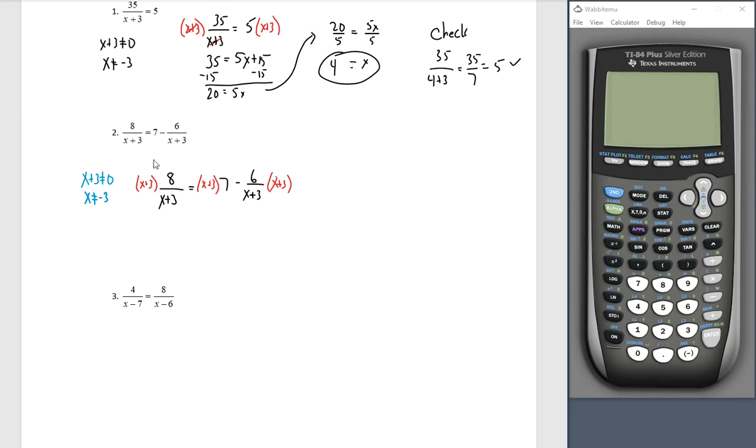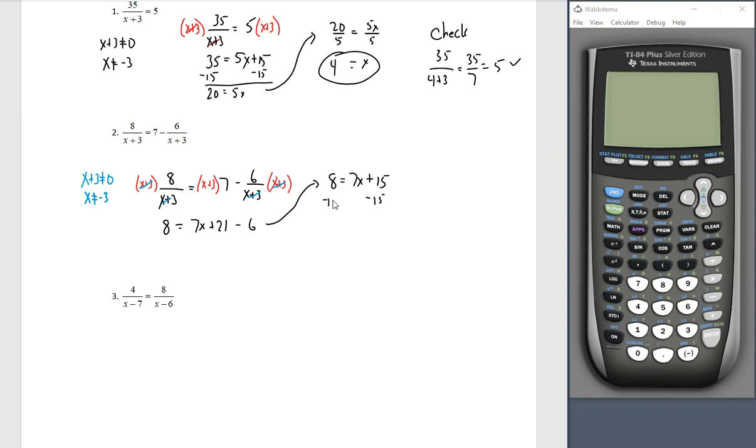And what happens next? Well, the x plus 3's cancel out. We'll distribute where we need to, so we have 8 equals 7x plus 21 minus 6. And this is an equation that we can all solve. 8 equals 7x plus 15, right? 21 minus 6 is 15.